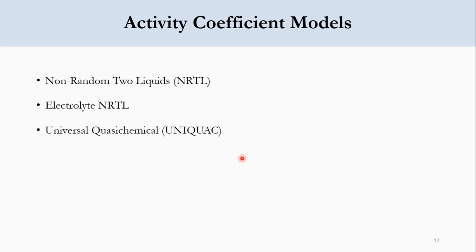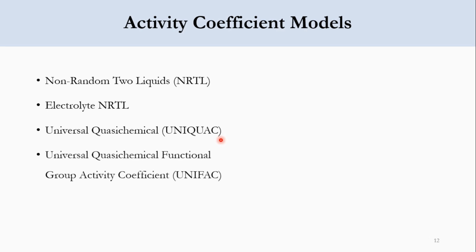We will see how these models can be used and under which conditions. Going to the activity coefficient models: NRTL, non-random two liquids, electrolyte NRTL, UNIQUAC, universal quasi-chemical, UNIFAC, universal quasi-chemical functional group activity coefficient, Van Laar, Wilson, Flory-Huggins, and again there are multiple types as well.